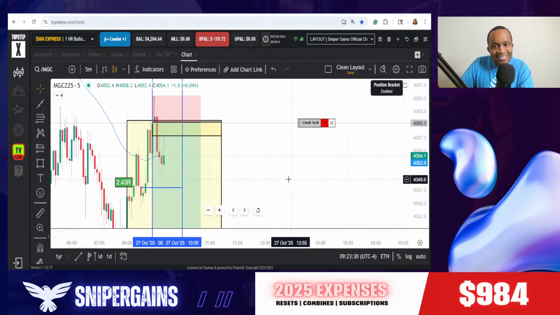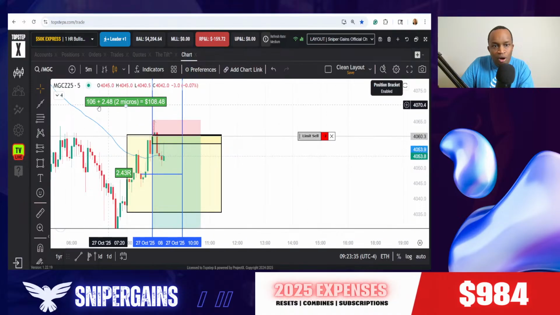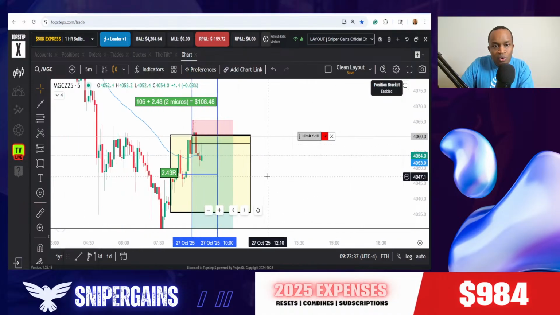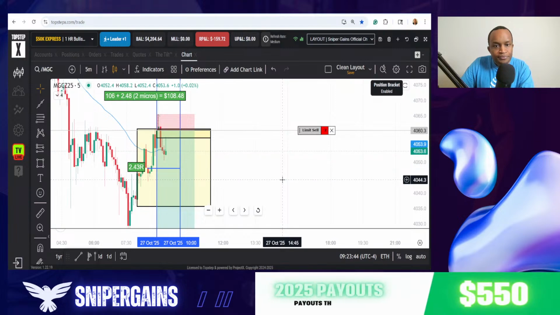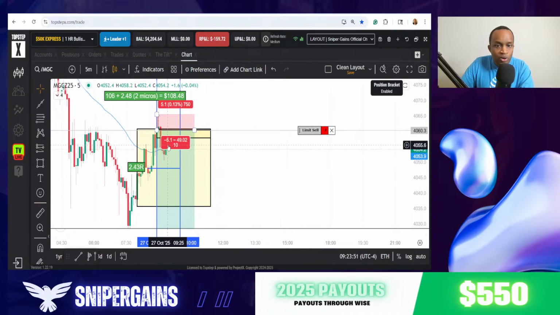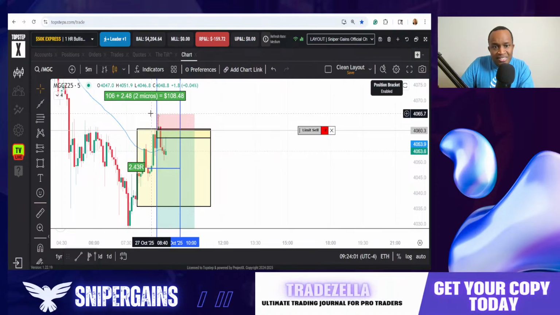So it's a catch-22, but based on the risk that I have put on, and based on the fact that there's no red folder news event, I'm willing to take a chance on that trade, specifically with gold. So it's just going to be a waiting game. We're just going to have to keep our fingers crossed and hope that as the New York session opens, it doesn't open so aggressively as to take out the swing high, which is at $4,065.70.